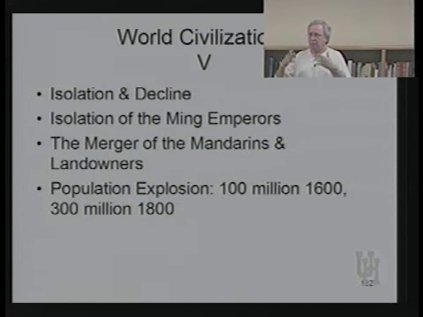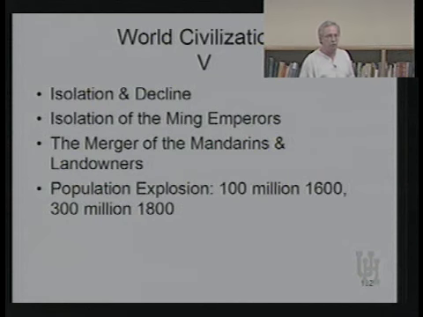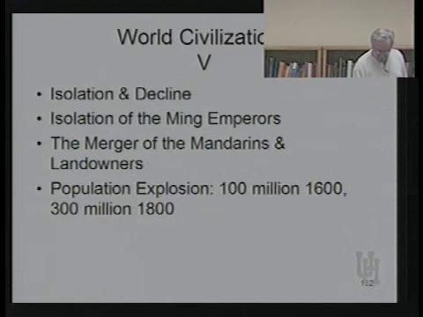Land is being added that produces more food, that allows the society to sustain more people. But at a certain point, you're exhausting the available land, and you have to have new technologies, fertilizers, better machinery, in order to increase production. So the maintenance of this expanding population becomes a major crisis within Chinese society by 1800.